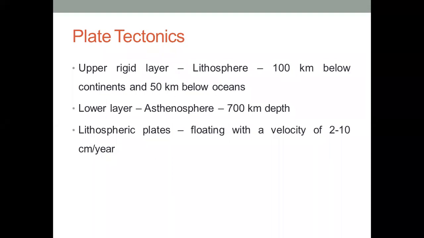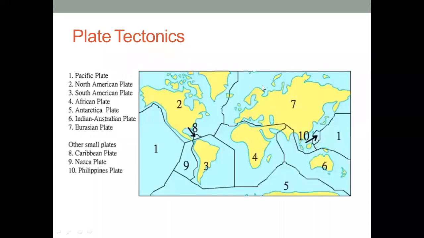These will be floating on this asthenosphere, the liquid, with a velocity of 2 to 10 centimeter per year. If you see the crust, the plates on the surface of the earth, it is composed of n number of small plates. But there are 7 major plates we have.